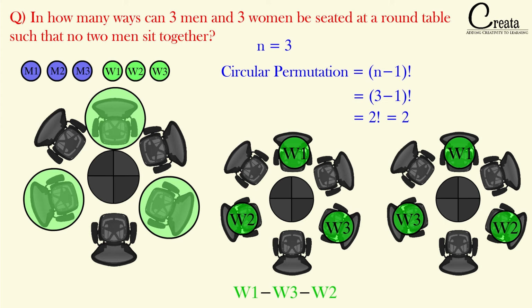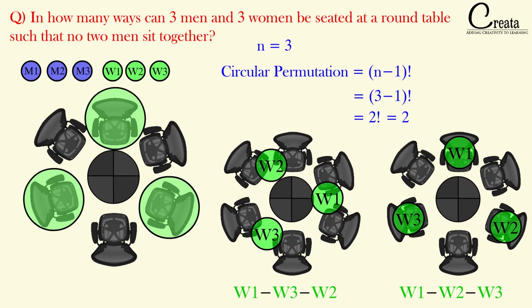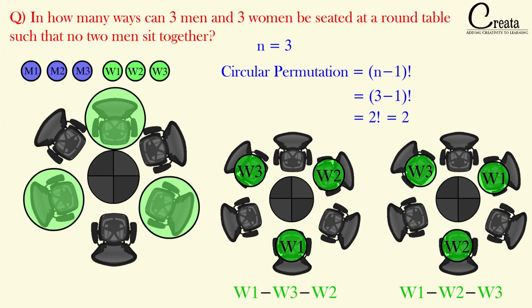And the second arrangement is W1, W2, W3. Okay, these are the arrangements. It is circular permutation, so all these arrangements and all these arrangements will be the same. Got it? Permutation, that is arranging things in a definite order. So all these arrangements will be part of the circular permutation. So only 2 arrangements we can form with these 3 women. Got it?